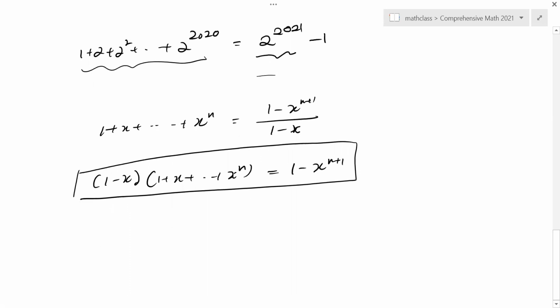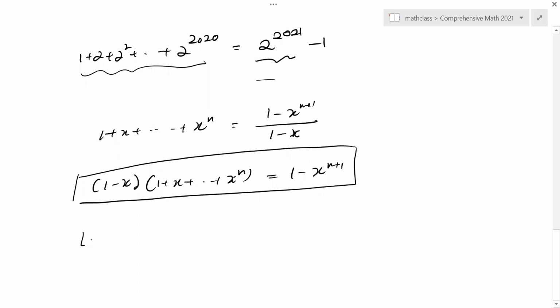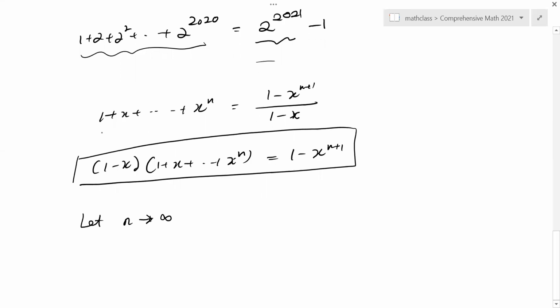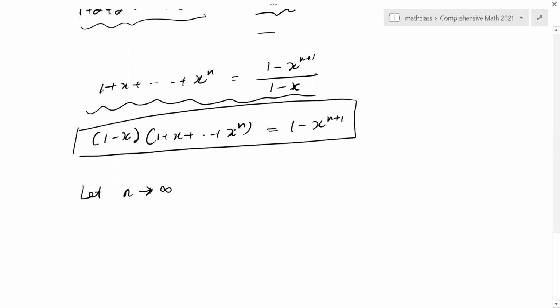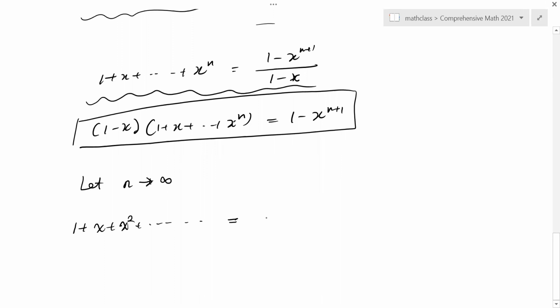In the above identity, let n go to approaching infinity. Let's look at this identity. What do you see? The left-hand side, you have infinitely many terms, because n approaches infinity, so you just add more terms. This is the concept of infinity. And then on the right side, you see x to the n plus 1 power.